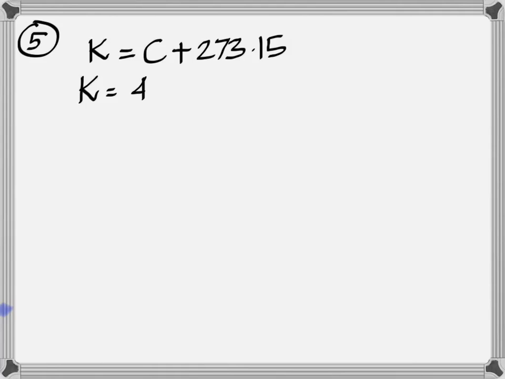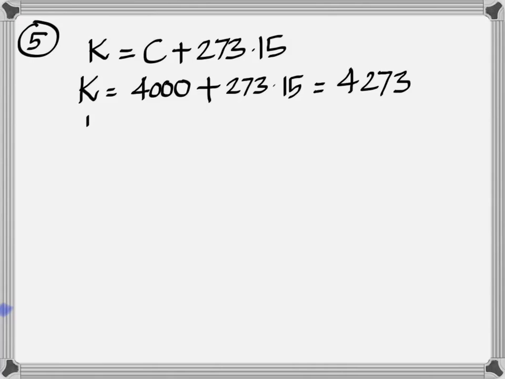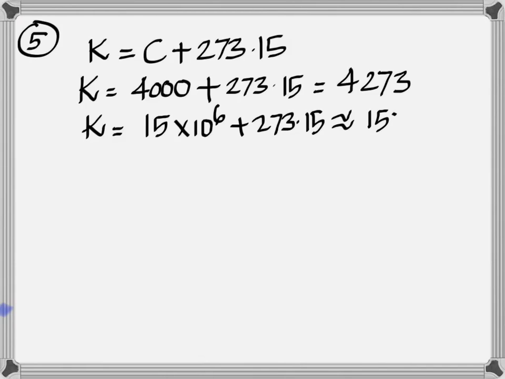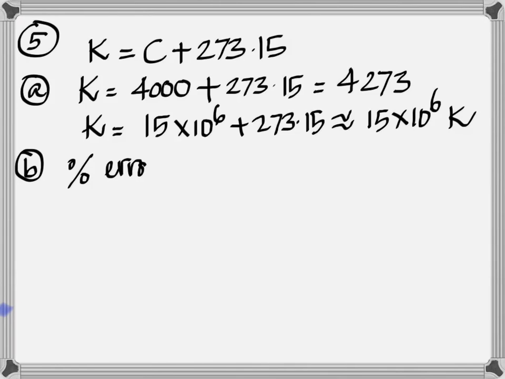To change Celsius to Kelvin, you got to add 273.15 to be precise. So that's the first one in Kelvin, and then the second one, it being such a big number, doesn't make any sense of adding such a tiny 273.15, so it's approximately the same thing.